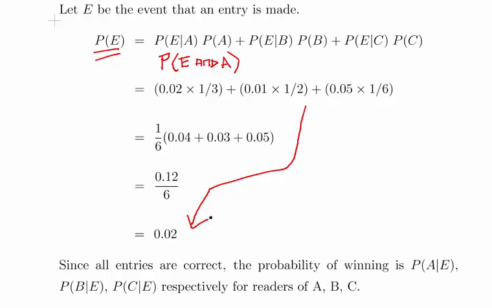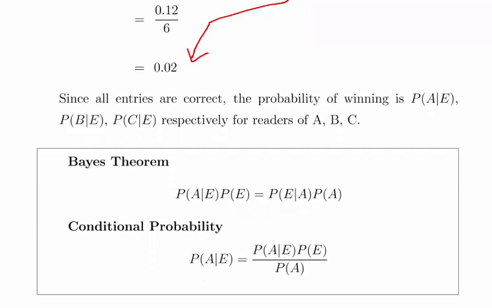So of the overall readership of the three newspapers, the proportion of people who entered the competition is 2%. Since all of the entries are correct, the probabilities of winning are A given E, B given E, and C given E, respectively, for each newspaper. This is the question we're particularly asked.